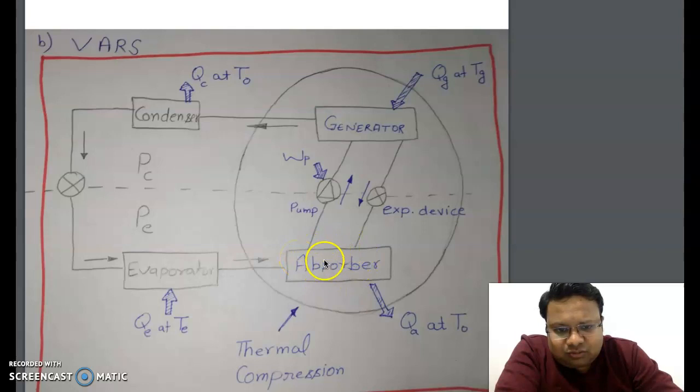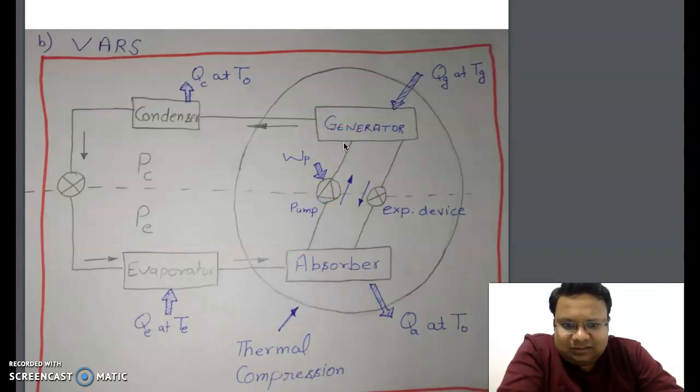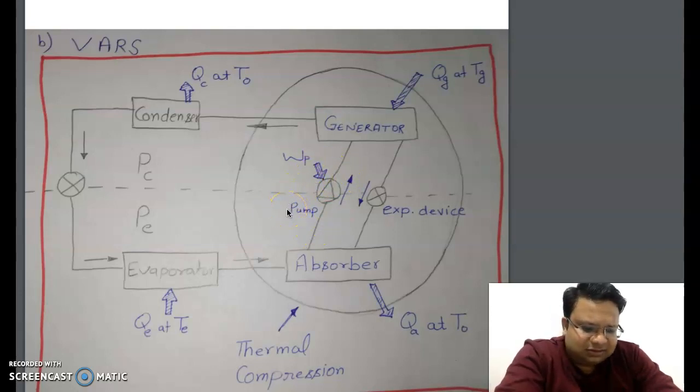Now this strong solution is pumped inside the generator. Now you will say that in pumping also we have to do work, but understand that the work of the pump, if we see in a closed cycle, is given by VDP, and the specific volume of the liquids is very less.